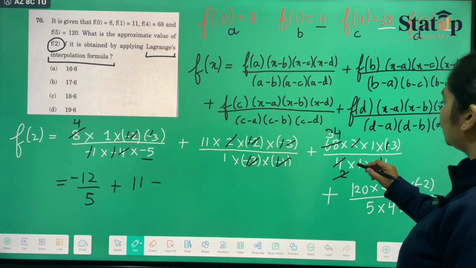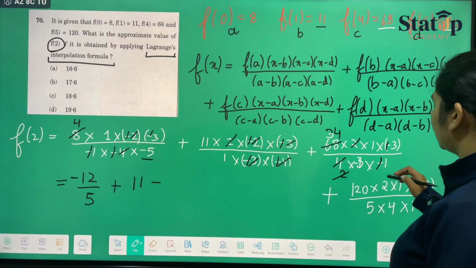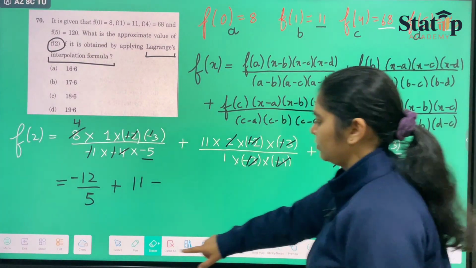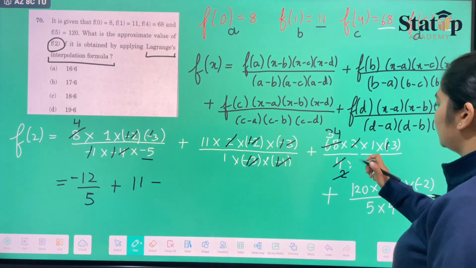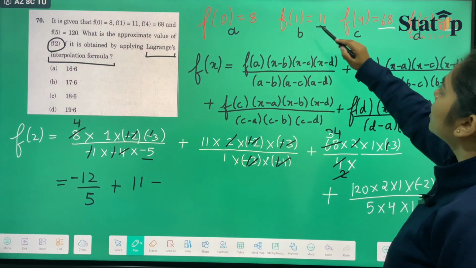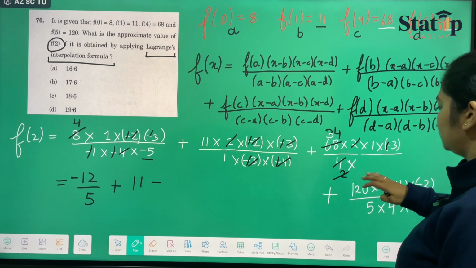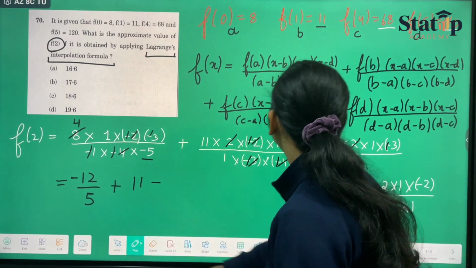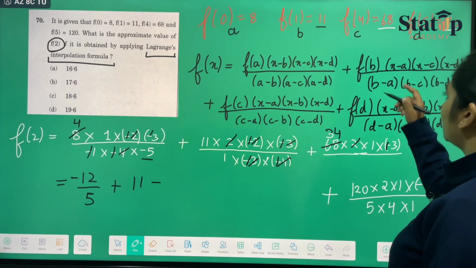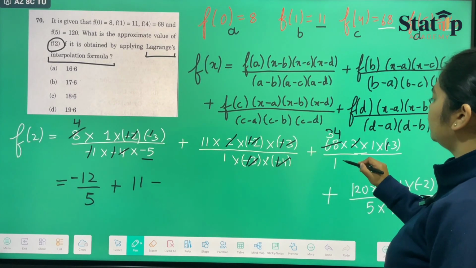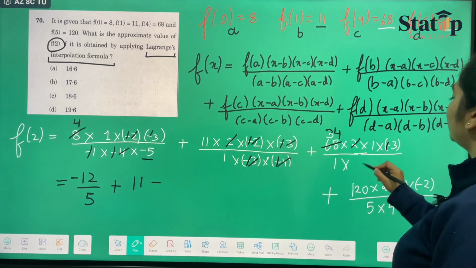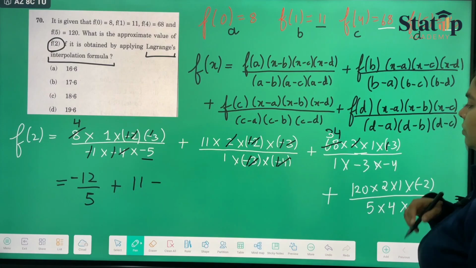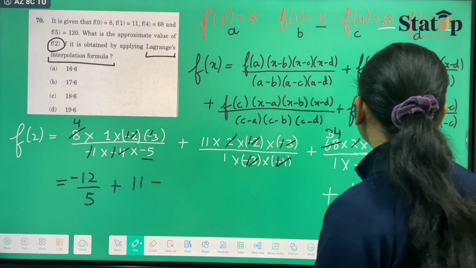Here we will get minus 3, and here we will be getting b minus a, 1 minus 0 will be 1, 1 minus 4 will be minus 3, and 1 minus 5 will be minus 4. So we will be getting a subtraction sign as well.